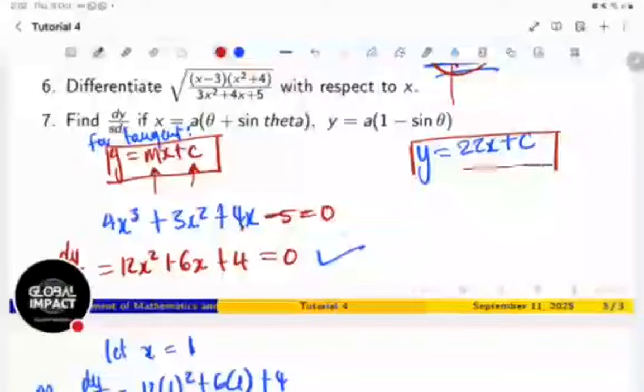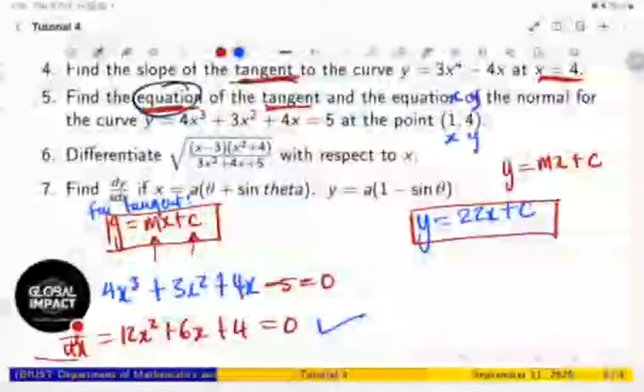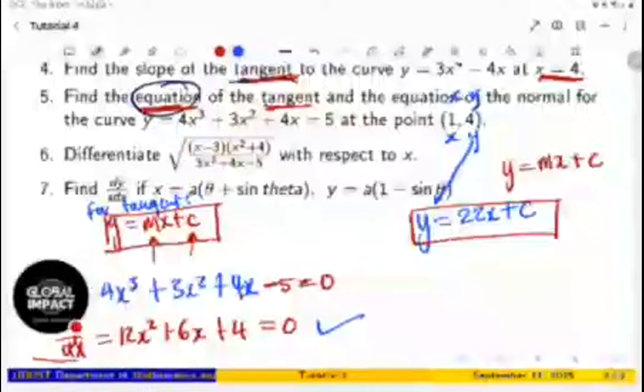To make the equation of a tangent, which is mx plus c, now you have the m, now you need the other thing, the c. How do you get the c? You go back to this point, and this point gives you x and gives you y. So it will tell you what to put for x.